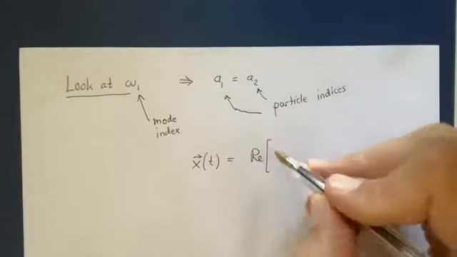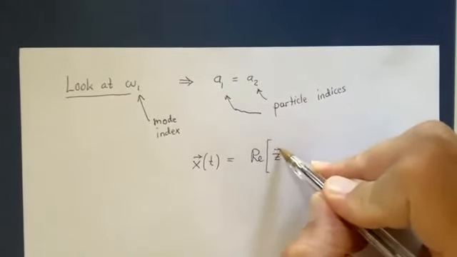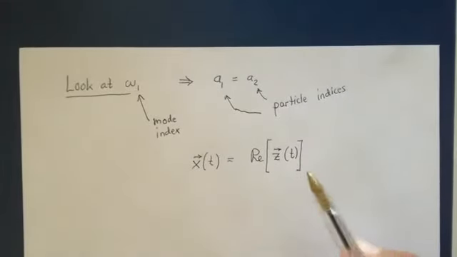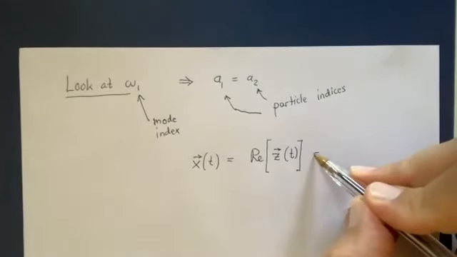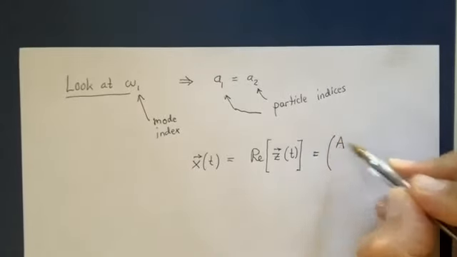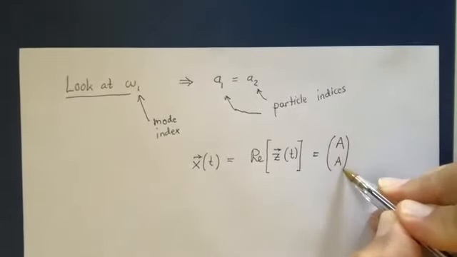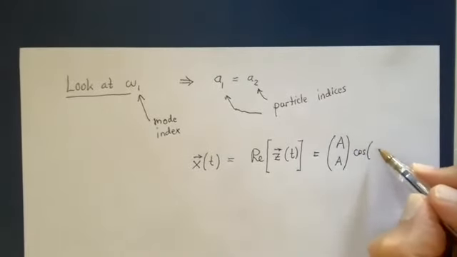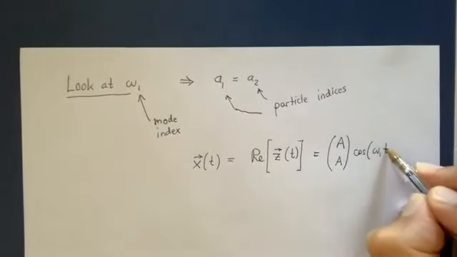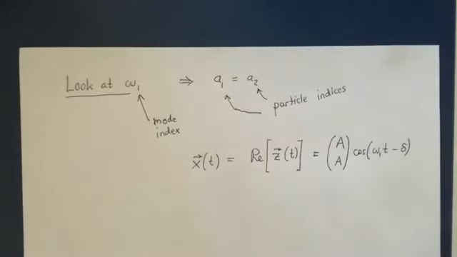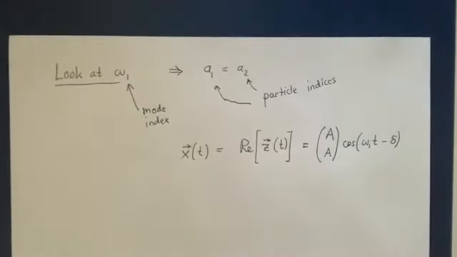So the upshot is the following structure, right? We're going to have the same amplitude. So this is a real amplitude, we'll call it capital A. And we have a cosine omega 1 t minus some arbitrary phase shift. Okay, so this is the conclusion, and now again, you have the so-called sloshing mode.